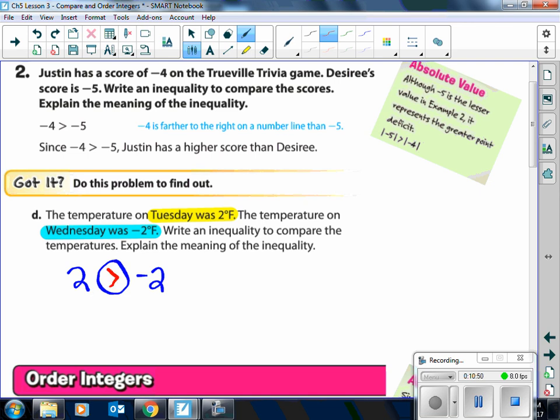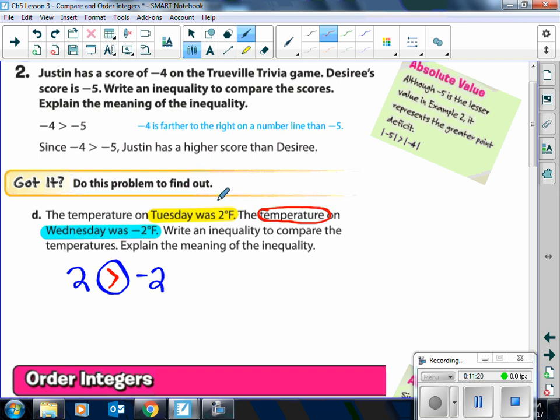Greater than. Very good. Now it says to explain the meaning of the inequality. Well, these numbers represent temperatures. So the meaning of this inequality says that on Tuesday, compared to Wednesday, the temperature was higher.